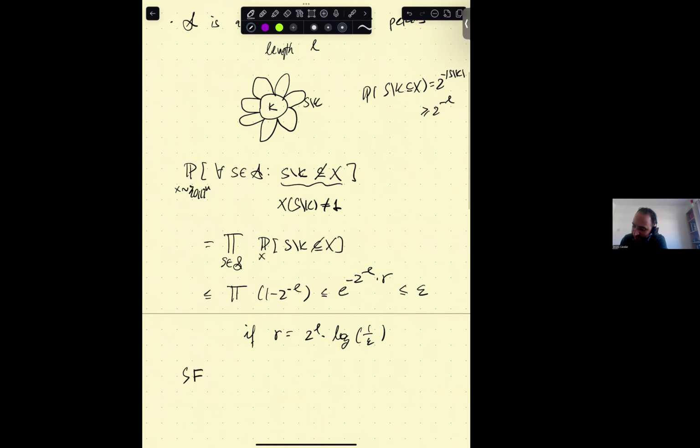Even if you have the sunflower conjecture true, you would need this to be R to the L. So you get an epsilon robust sunflower from a sunflower with this many petals.